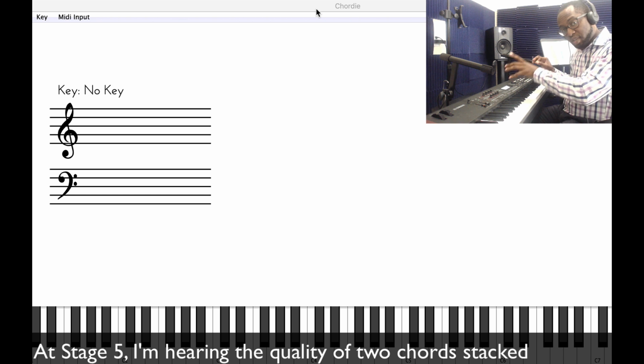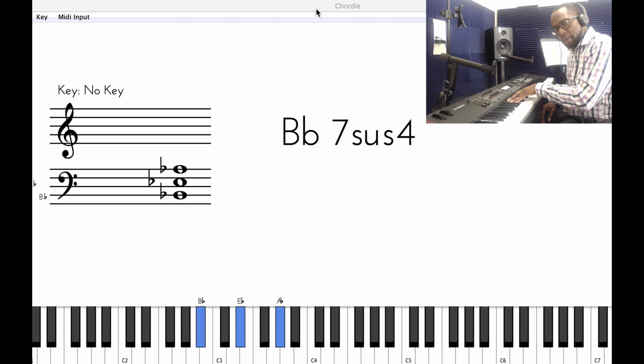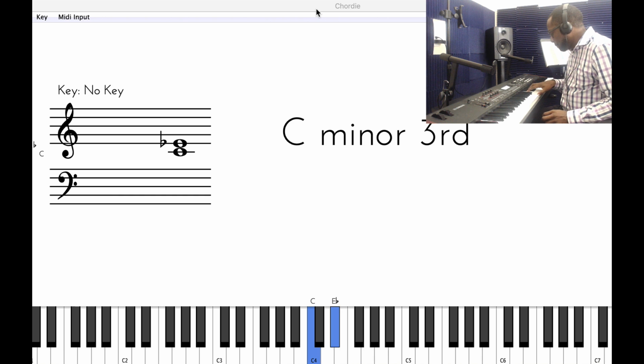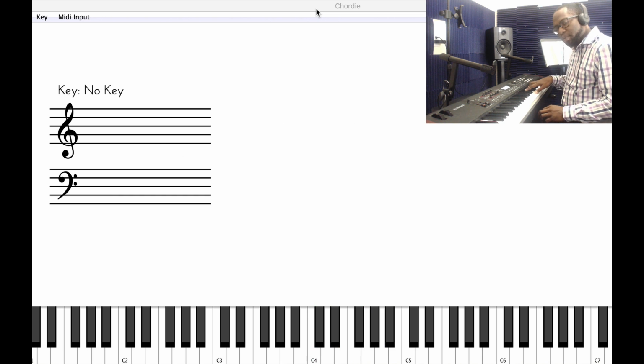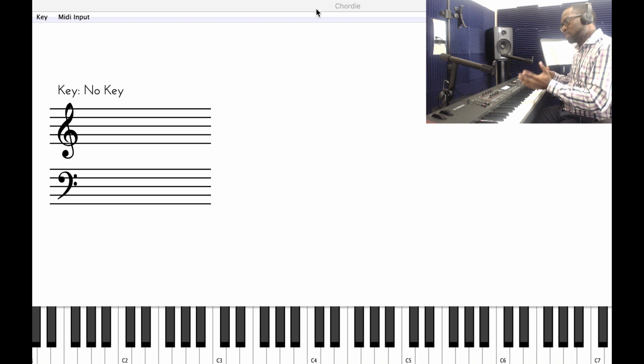In the left hand, you could do a B flat 7 sus 4. So that would be B flat 7 with a sus 4, and a minor. So here I'm hearing this in one hand, and I'm hearing this in another hand. That's a stage 5 decision where I'm hearing two chords play together. So that's a decision that you're making at the 5th stage.